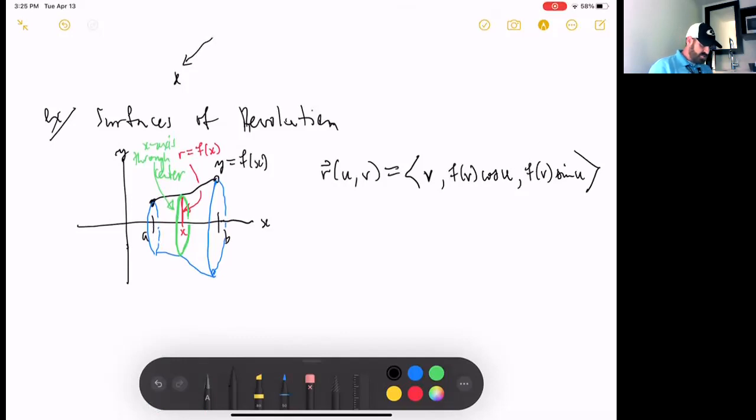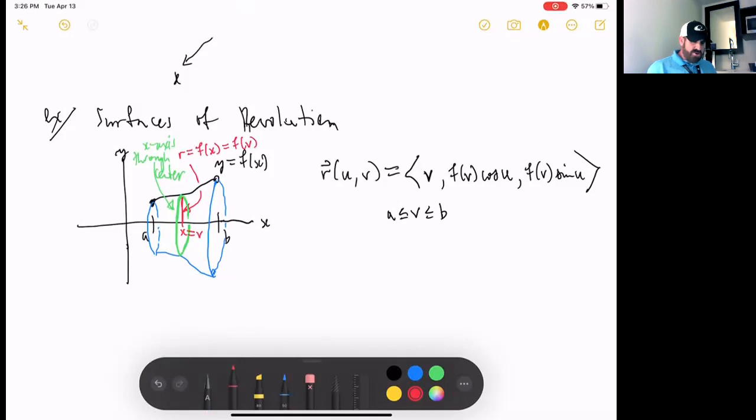So in this particular case, what would be the range of v values? Well, you would have a less than or equal to v less than or equal to b. And then what would u have to go between to get us to move around all of those green circles? Once again, x we set equal to v in this particular case, and then we have this thing equal to f of v.